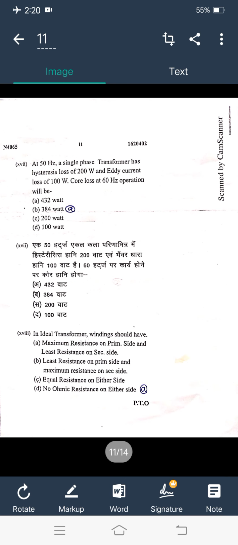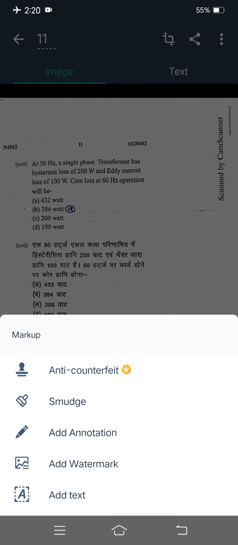Question number 17. This is a numerical type question given in objective form. Here two frequencies are given, 50 Hz and 60 Hz.